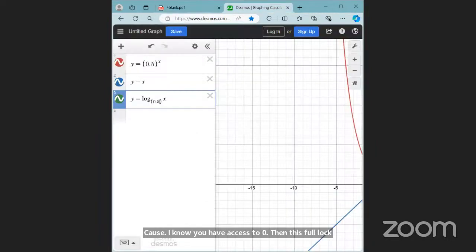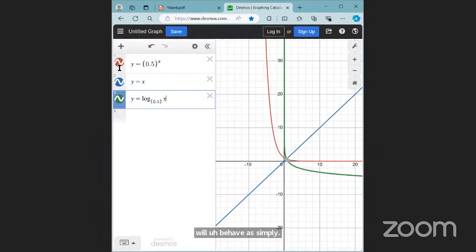Let us see via the graph. Is it the case? This is log base 2.